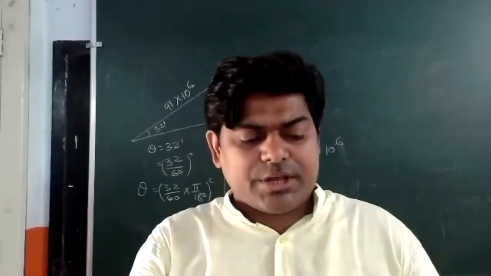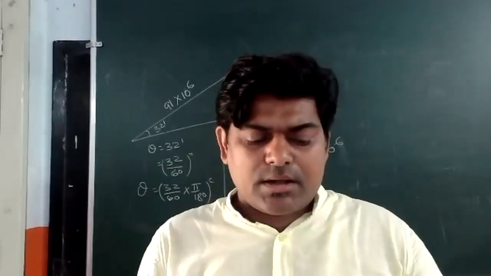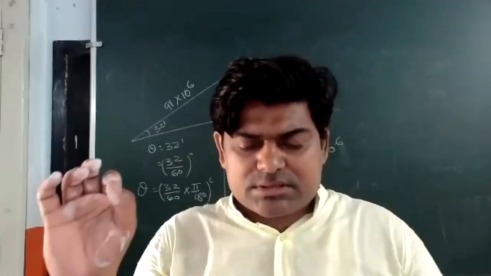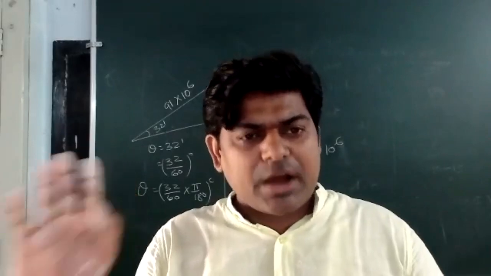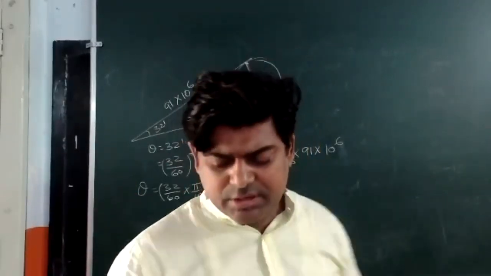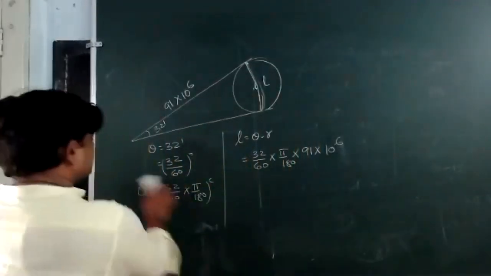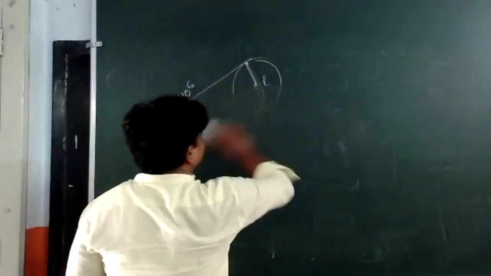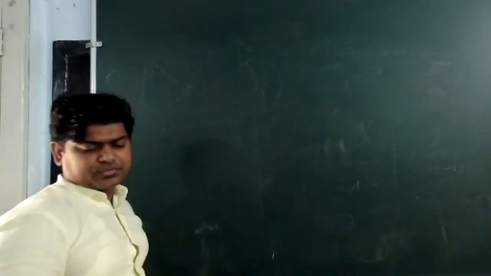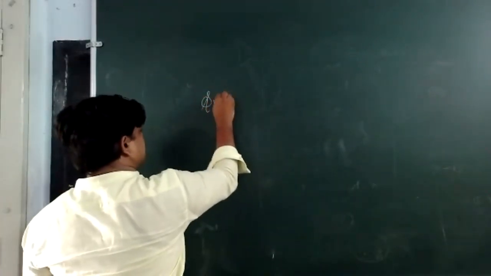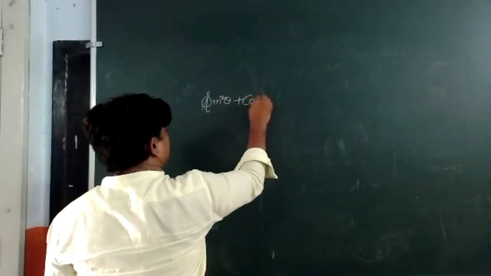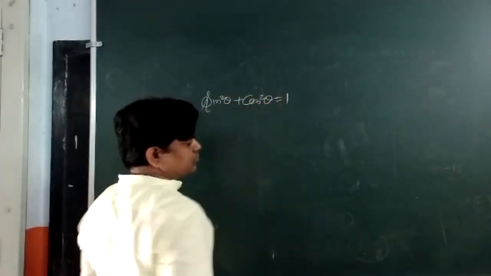One more thing was there. We learned some identities, if you remember. Let me write these identities for you. If you know them, it's very good. If you don't, please learn. First one is sine square theta plus cos square theta is equal to 1.